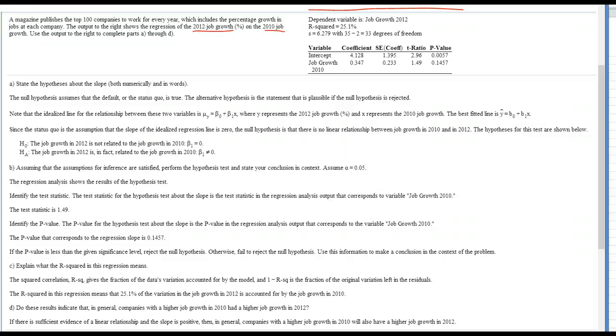The first part asks us to state the hypotheses about the slope, both numerically and in words. I'll highlight them here so you can follow. H0: the job growth in 2012 is not related to the job growth in 2010, which gives a beta 1 value coming from the relationship between the variables.